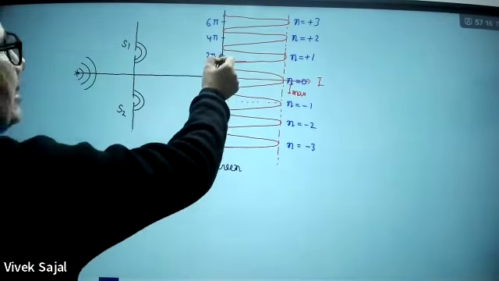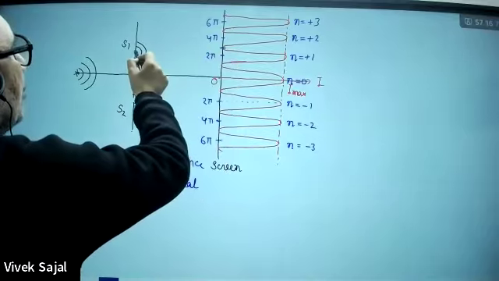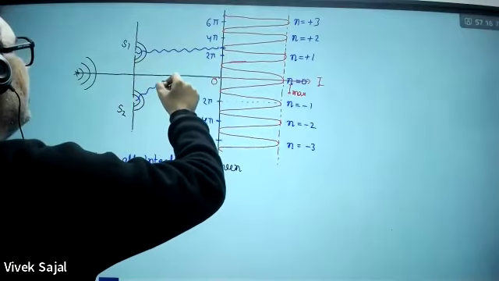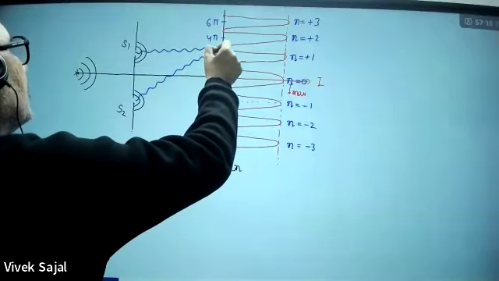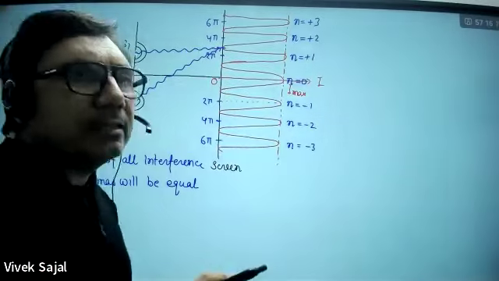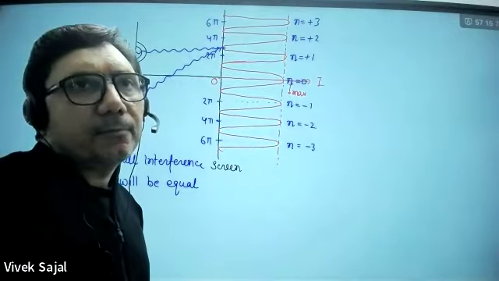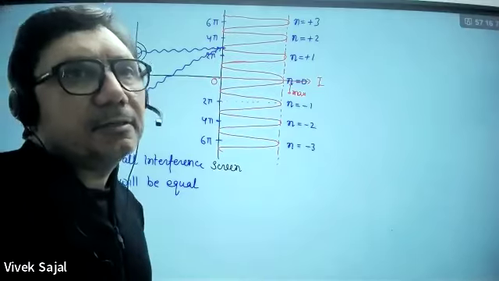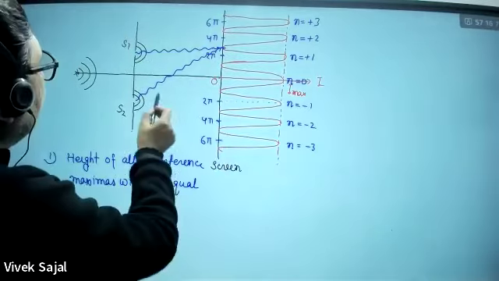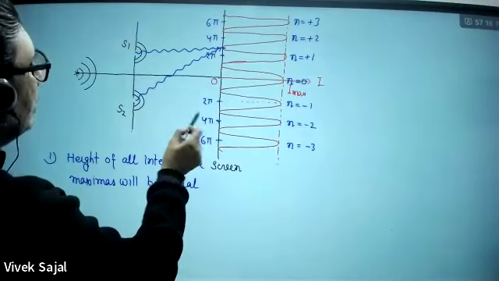So why are you getting a minima here or here? Because when light is reaching here, if you calculate the phase difference between these two, that phase difference provides cos delta equal to -1. That's why you're getting a minima here. Why are you getting a maxima at any point, suppose here?